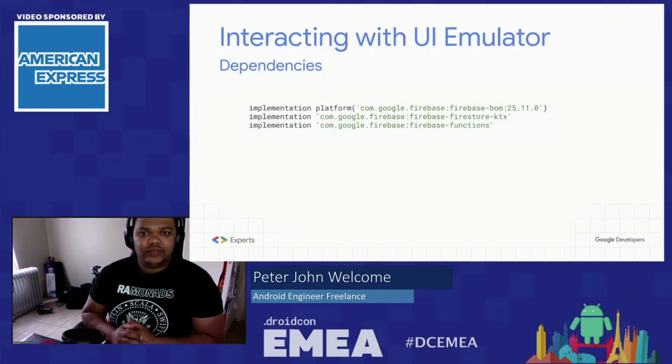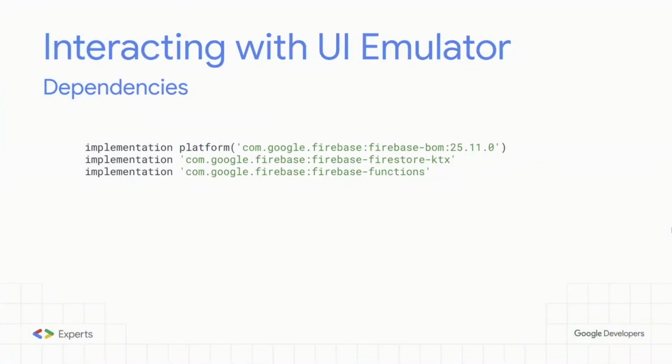From an Android point of view, you probably have this installed, but something to mention is that Firebase has a new platform dependency, a bill of materials, where you don't have to specify the version numbers for each of your Firebase dependencies anymore.